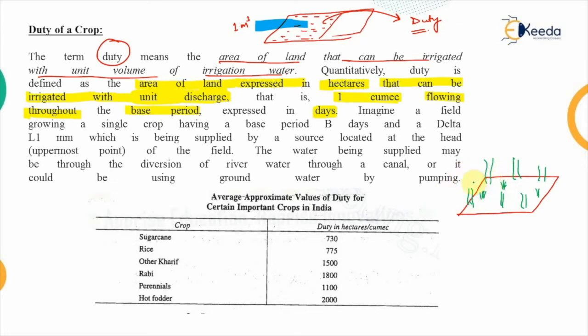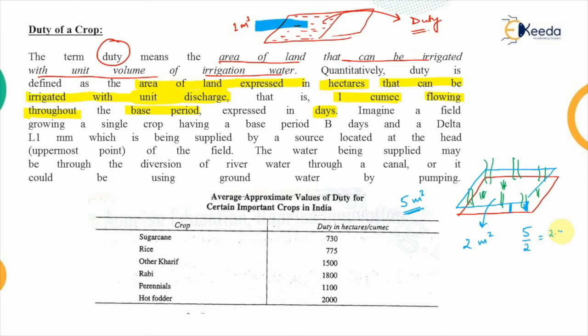Now when we supply the water, this particular crop will require a certain depth of water. So if, let's say, we have supplied 5 cubic meter volume of water, and the area of this land is equal to 2 square meter, because these are just random numbers, then the depth of water which can be achieved in this field will be the volume divided by the area.